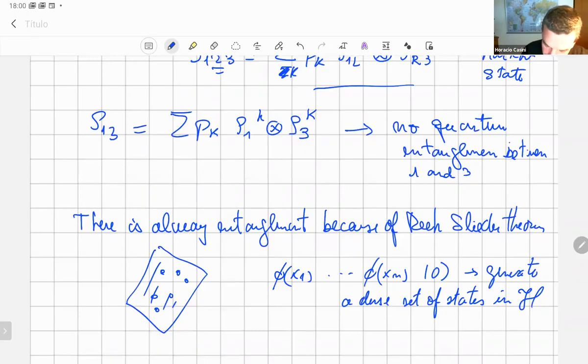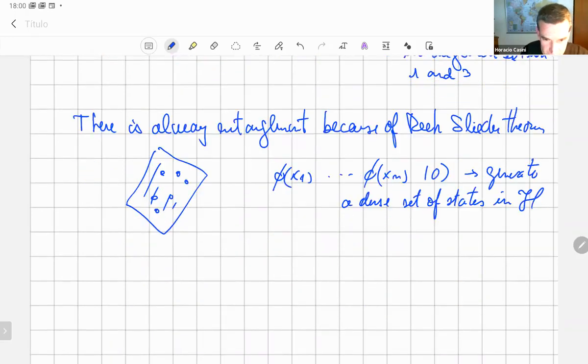This is very counterintuitive, because acting on the vacuum in a finite region, you can generate particles or states very near particles that are very far away. And this is because of entanglement.